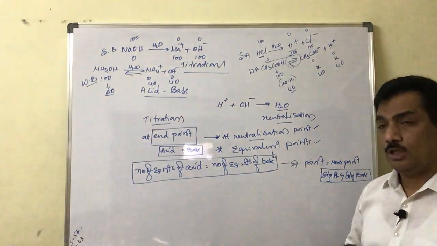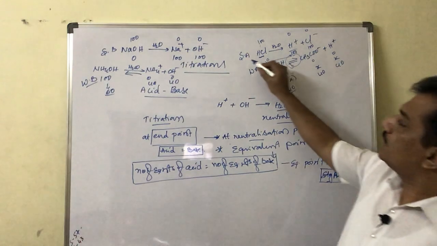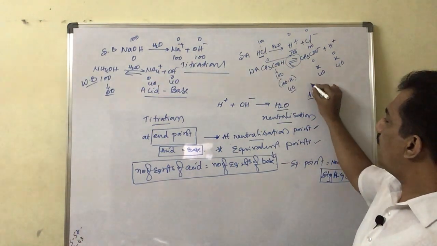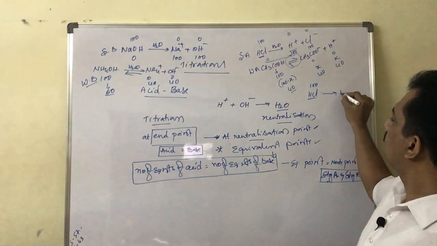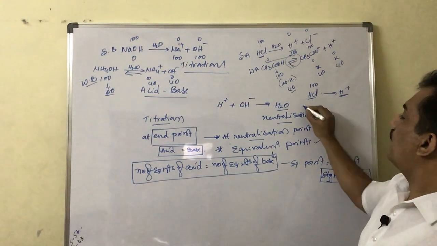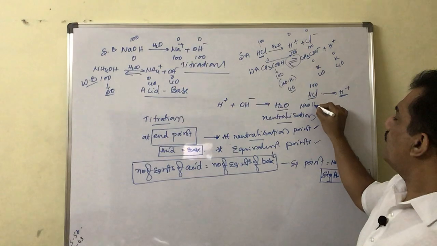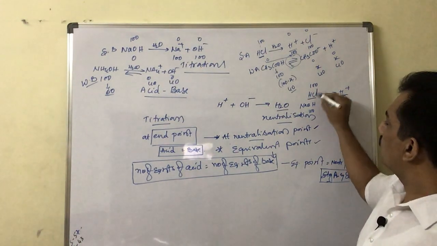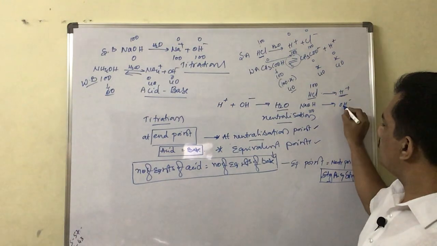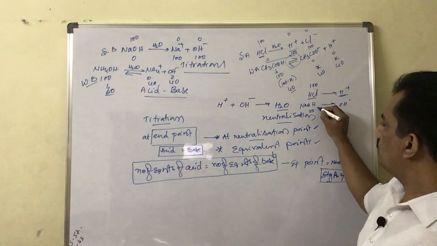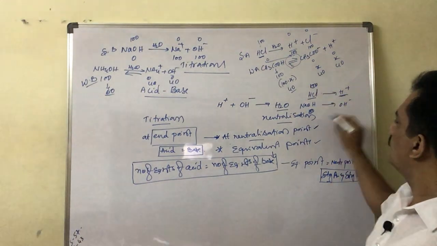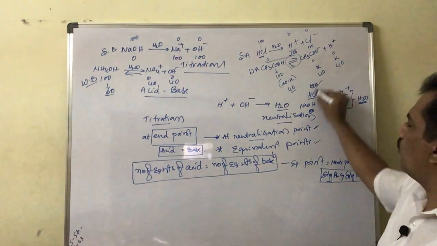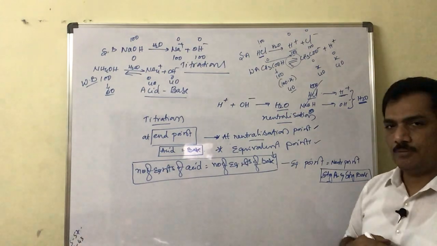Why so? Because when we are taking strong acid HCl, it will release all these 100 H plus, and strong base 100 OH minus. Now when it releases 100 H plus and 100 OH minus, these will become 0, and now these two will combine to give water. There is no more acid or base in this.